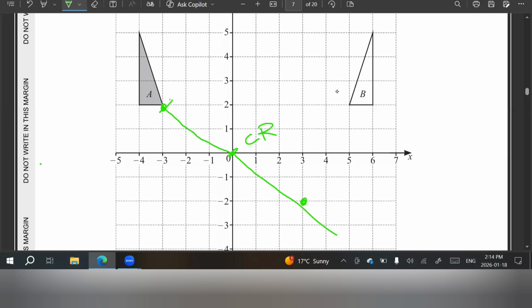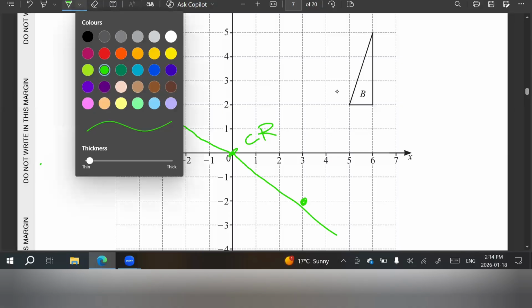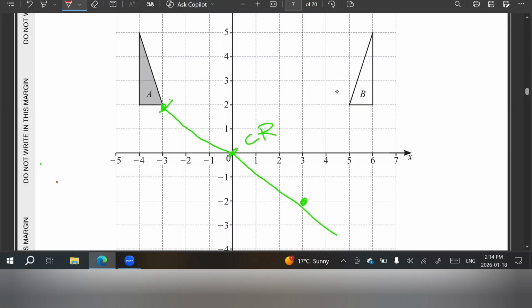In the same way, you can join this point with the center of rotation, and then with the help of a scale, I'm drawing it with the stylus. My lines are not straight. You join them and prolong it on the other side, the same line.